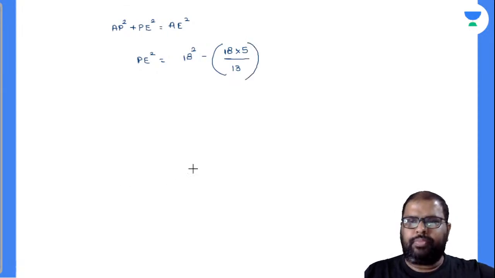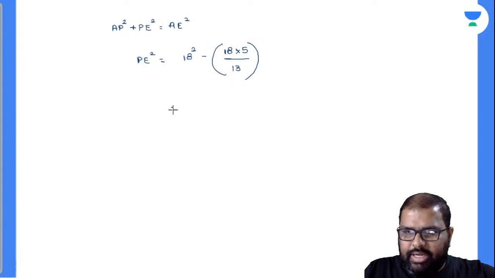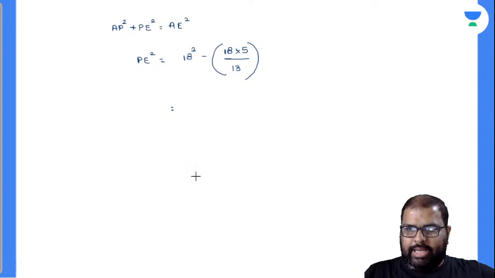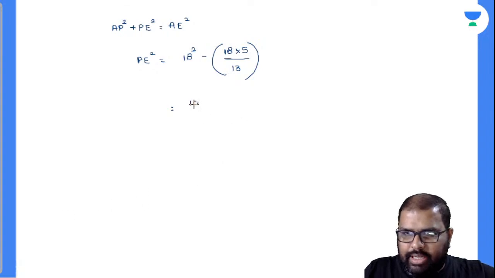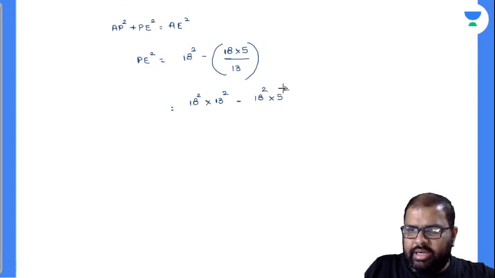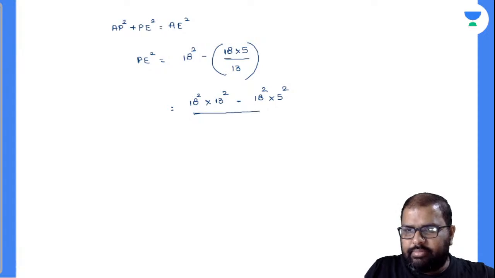So closely observe there. What can I do now? I can write 18 square into 13 square minus 18 square into 5 square, divided by 13 square.